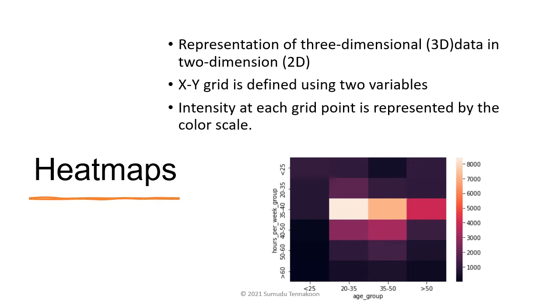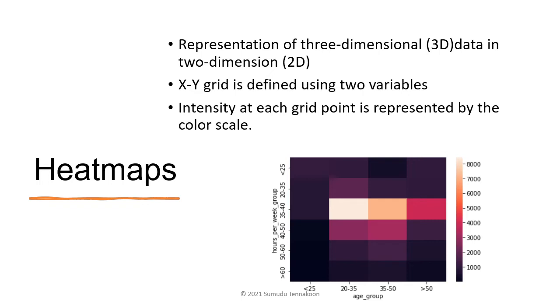People can easily read numbers, but when it comes to understanding, if you have a visual representation, where the numbers are represented by color intensity or different colors, we can easily see patterns, right? Therefore, heat maps are very useful in some situations when you are communicating your findings from your data to a group.